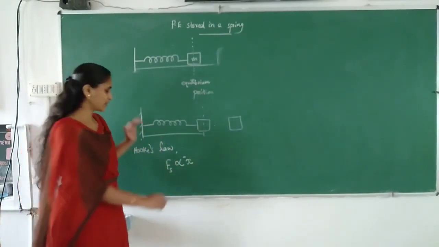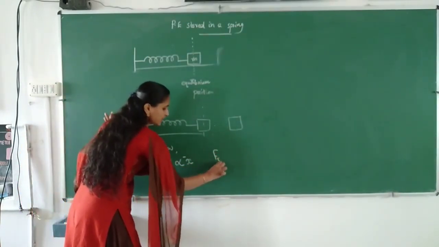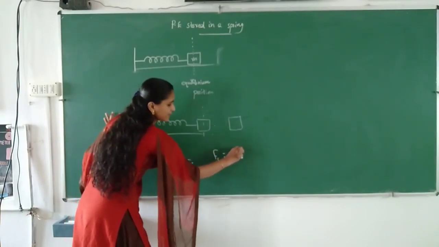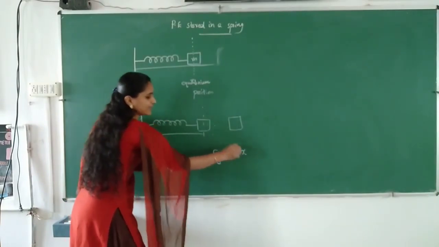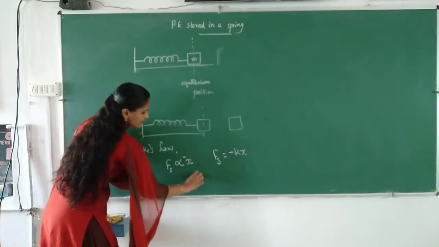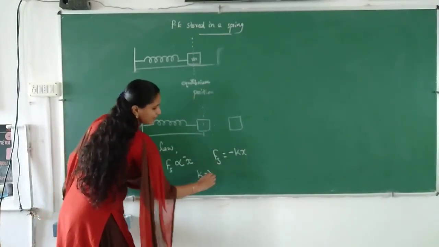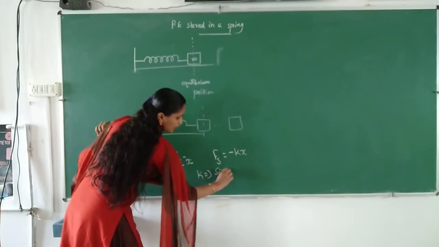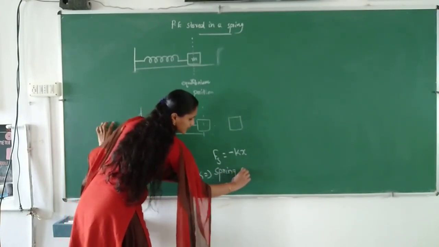So we can write the restoring force is equal to minus k into x, where k is a constant known as the spring constant.